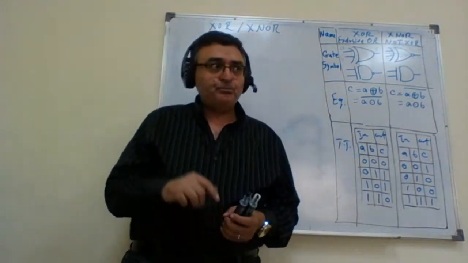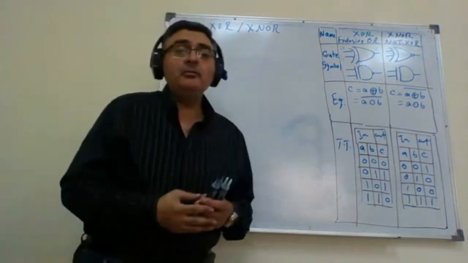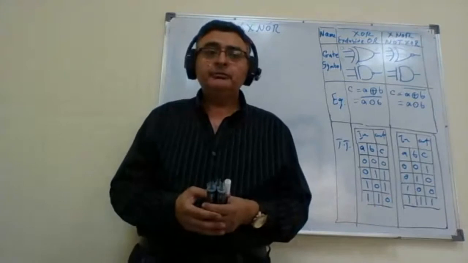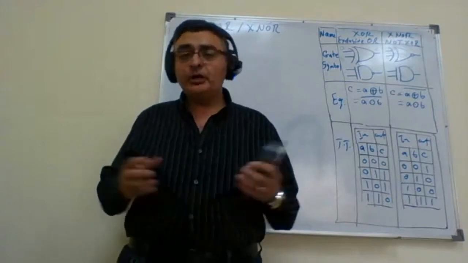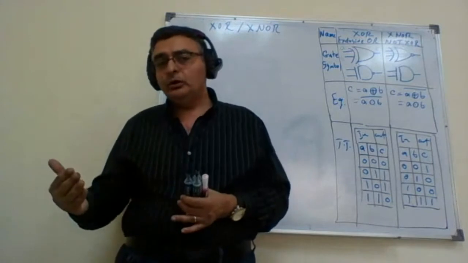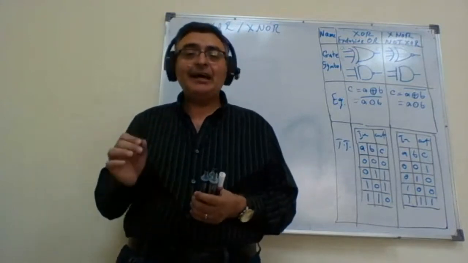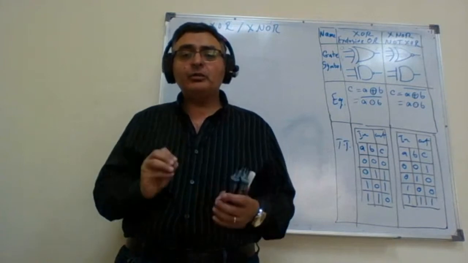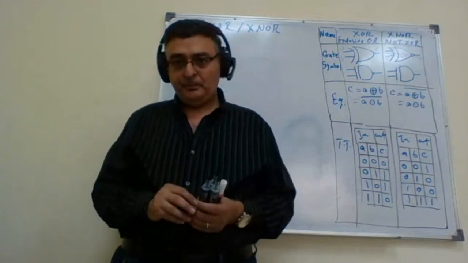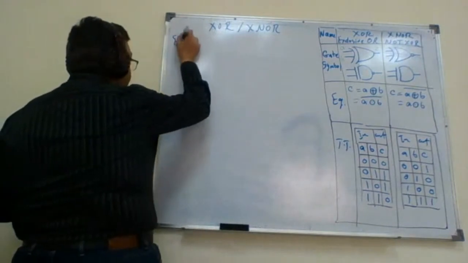However, in the examples or in the problems, I may have some Boolean algebra equations that contain either the XOR or the XNOR. So the question here is, how can I deal with those situations? Let's see an example.